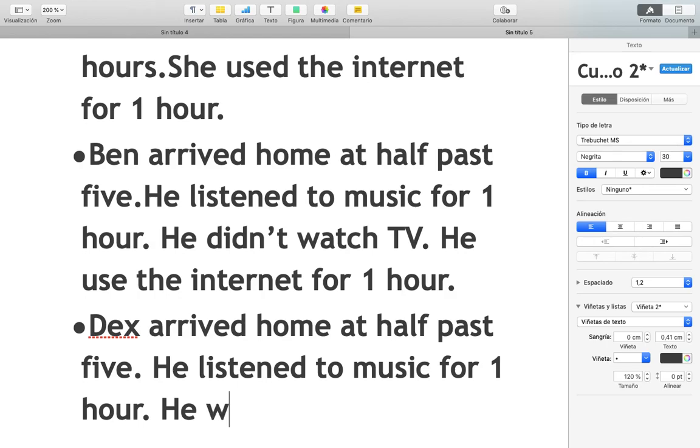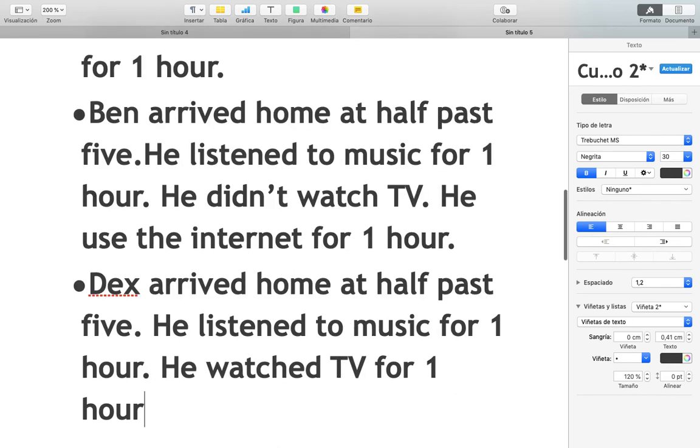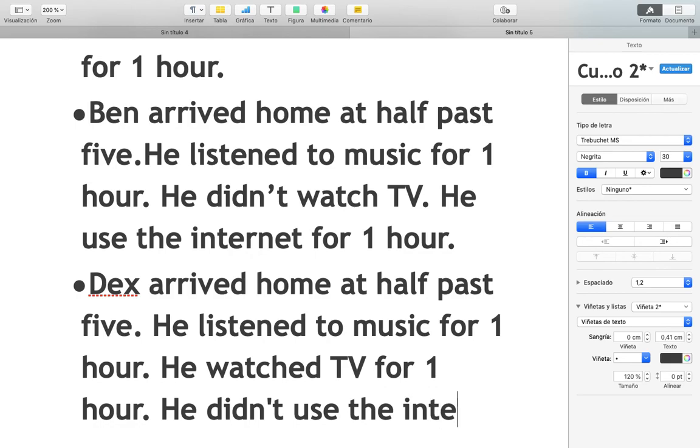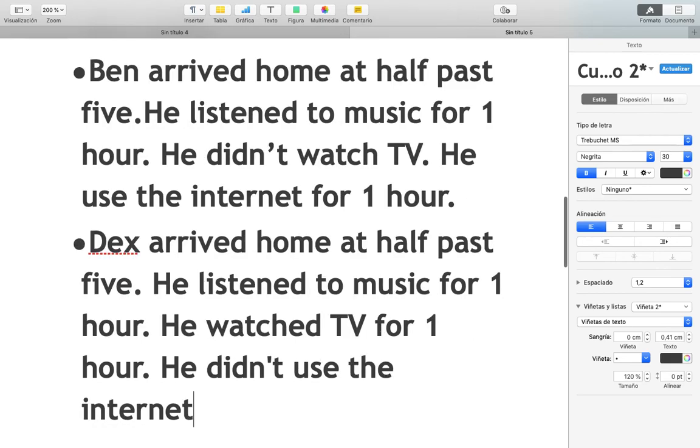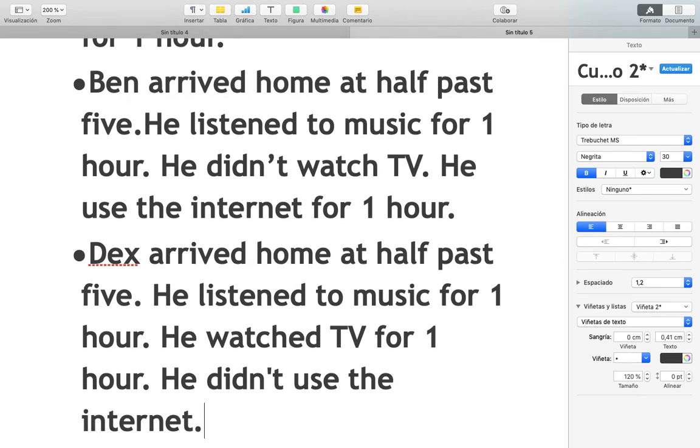He watched TV for 1 hour too. And the last sentence, he didn't use the internet. Aquí tenéis la actividad corregida y todo, ¿vale?